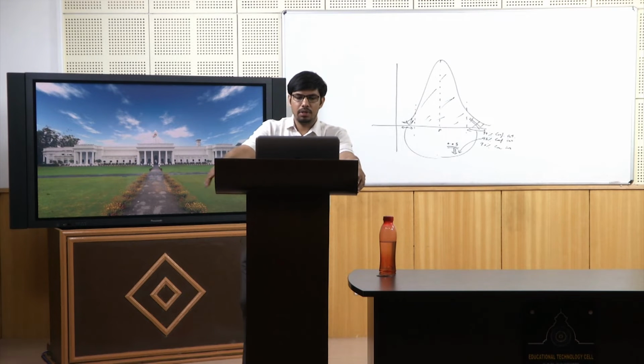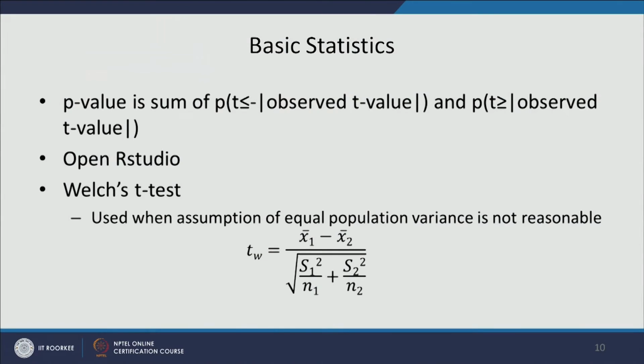Now, as far as the interpretation is concerned, as we discussed for Student's t-test, here also the numerator has the difference of sample means, so the same points are applicable.